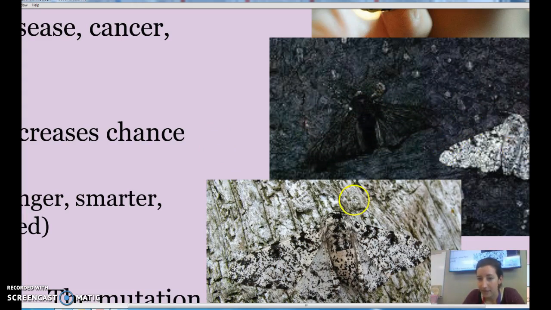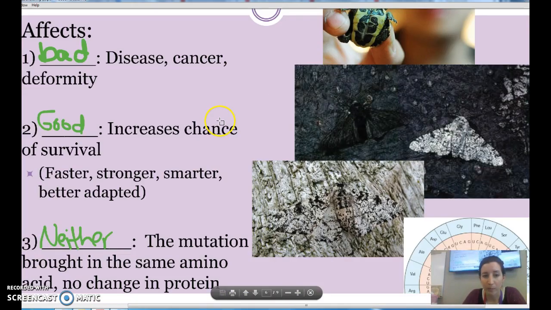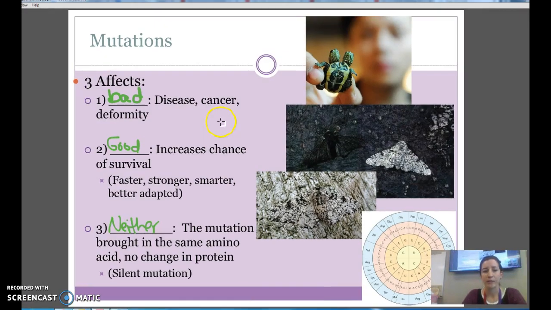And that? Okay, so those are mutations that cause different colors of those three moths right there. We'll study that more when we get to the evolution unit. Okay, if the mutation increased the chance of survival, then that is good. If it made it faster, stronger, smarter, whatever better adapted means for that particular organism in that particular environment.